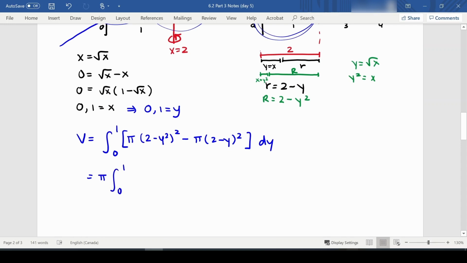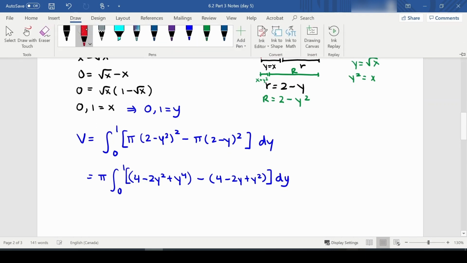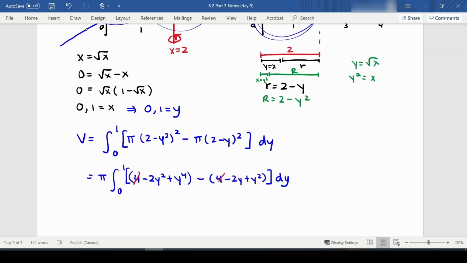We have 0 to 1, and I'm going to expand both quadratics: 4 minus 2y squared plus y to the 4th, minus (4 minus 2y plus y squared). Hopefully we notice that these 4's cancel out. We end up with pi times the integral from 0 to 1 of 2y minus 3y squared plus y to the 4th.